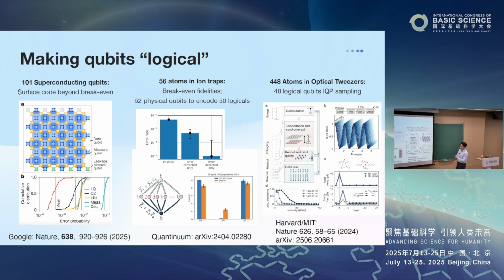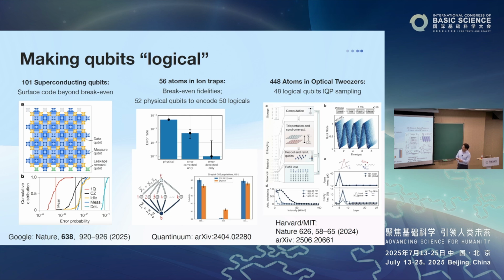Given sufficient physical qubit fidelity, the logical qubit fidelity will improve, at the cost of a certain encoding rate. For example, Google's recent work had about 100 superconducting qubits, and it reached the phenomenal result of beyond break-even, meaning that the logical qubit gets better than the physical qubit as the system scales.